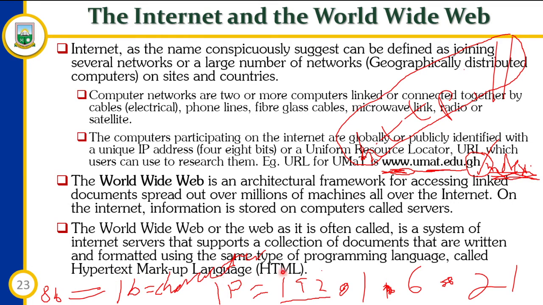When you visit a website and check out the source code, what it gives you is the HTML code, the hypertext markup language. So for all the websites that you see, the basic markup language that is used is HTML.